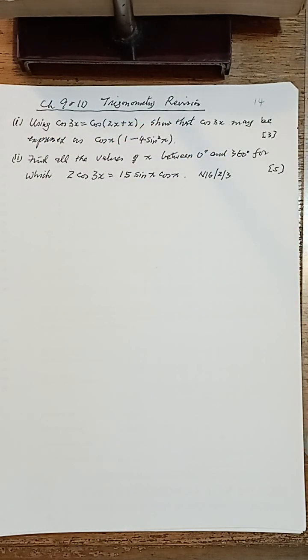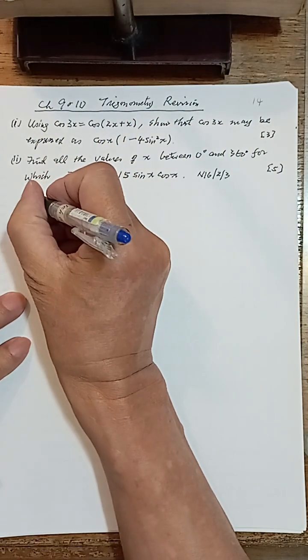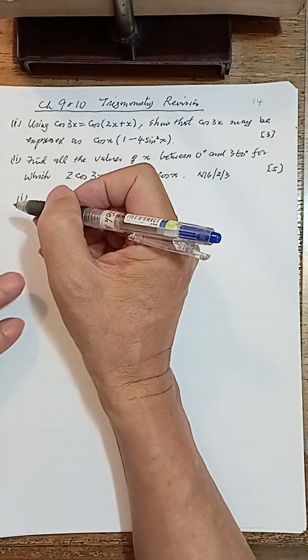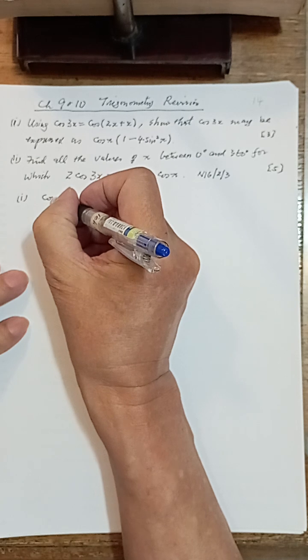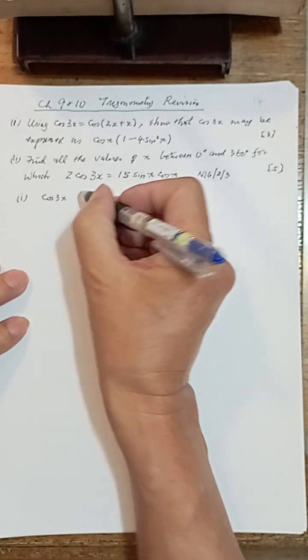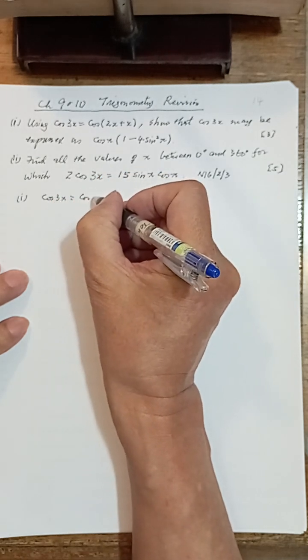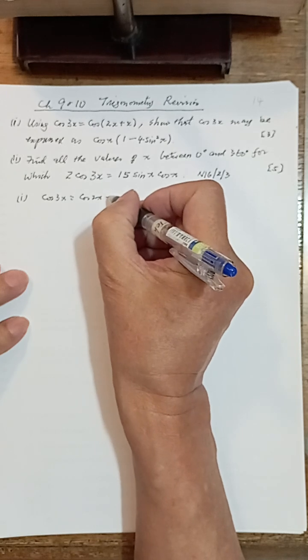Cosine 3x, you have to write as cosine 2x plus x. Cosine 3x will be equal to cosine 2x plus x.